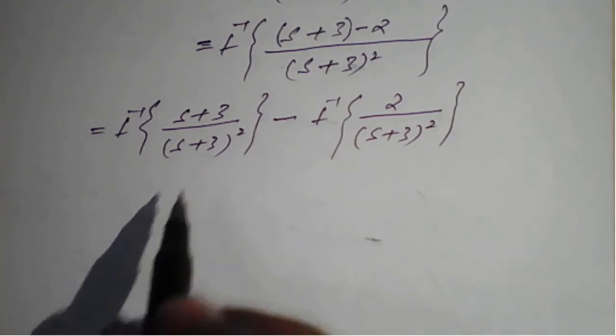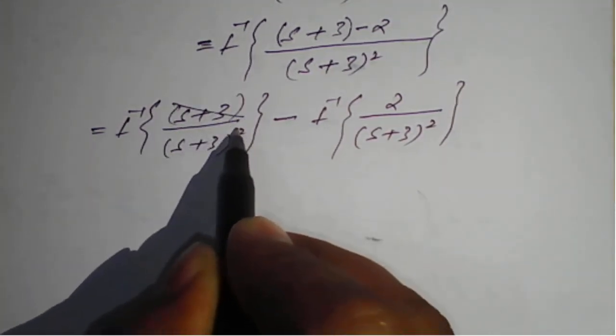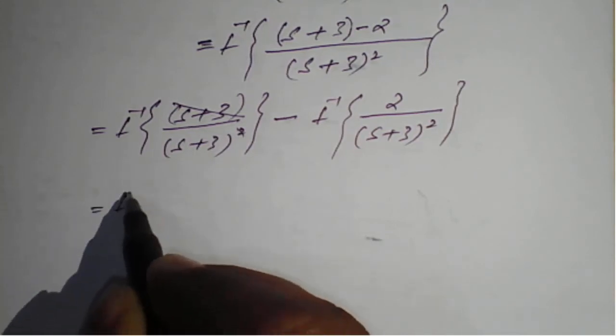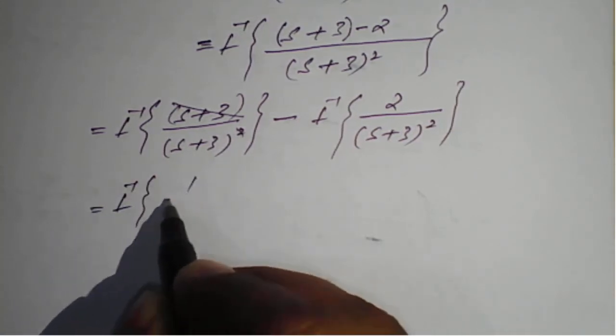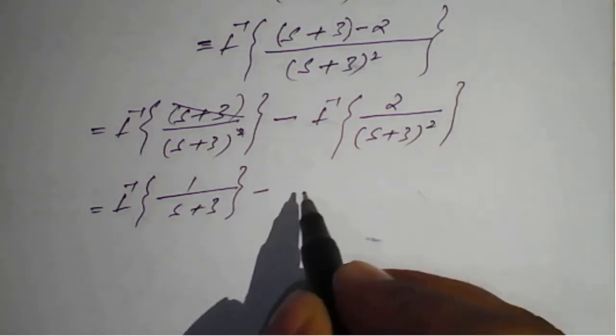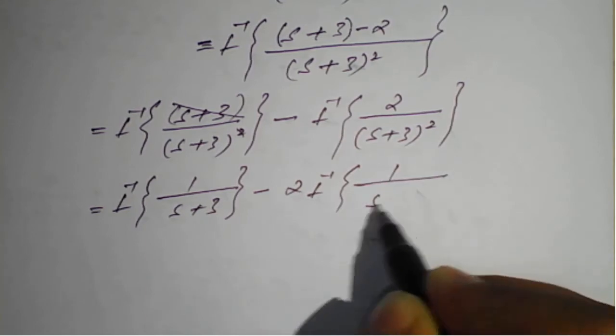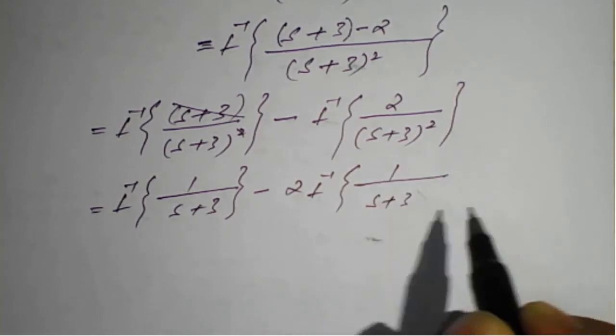On simplification, these are the same terms, so this cancels. So we'll get L inverse of 1 divided by s plus 3, minus 2 is a constant, L inverse of 1 upon s plus 3 square.